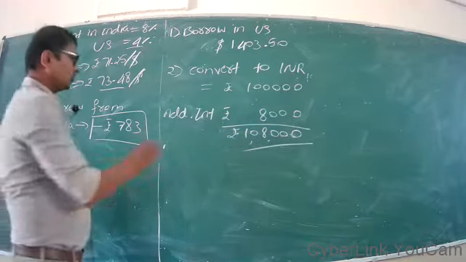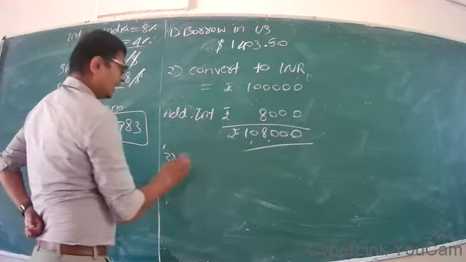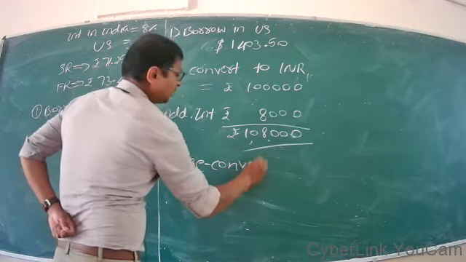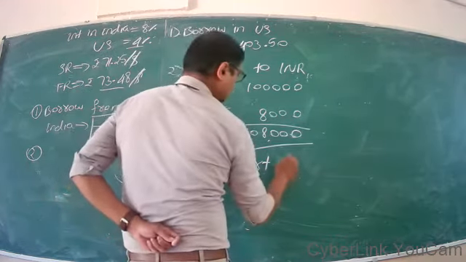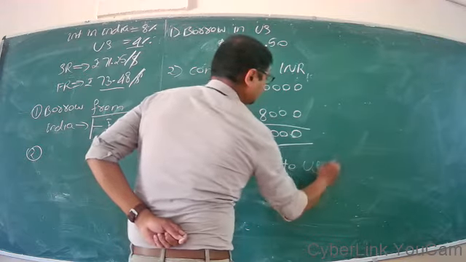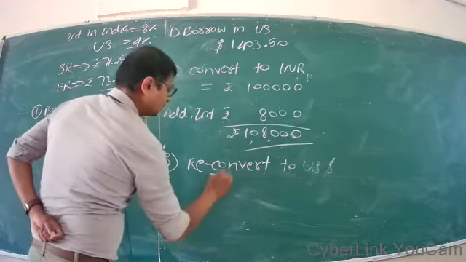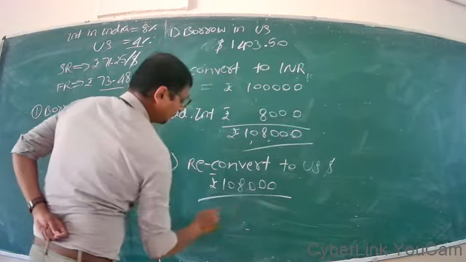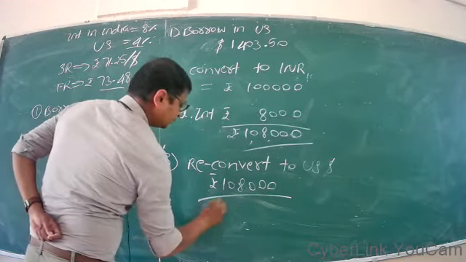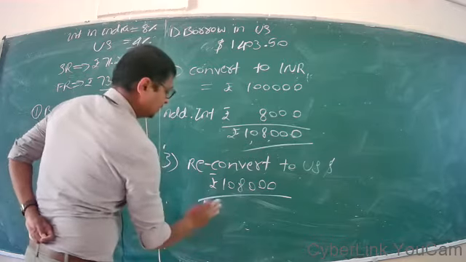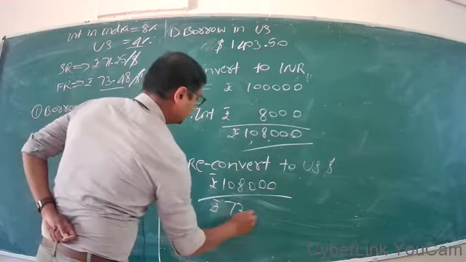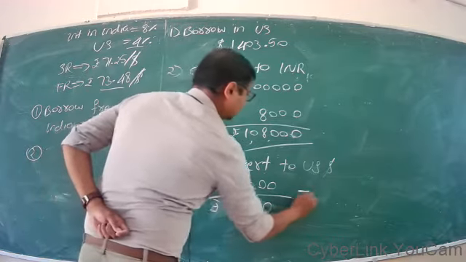With the 1 lakh 8,000, now you are going back to US, so you have to reconvert to US dollar. So rupees 1 lakh 8,000, after 1 year, the exchange rate between US dollar and rupee becomes 73.48.